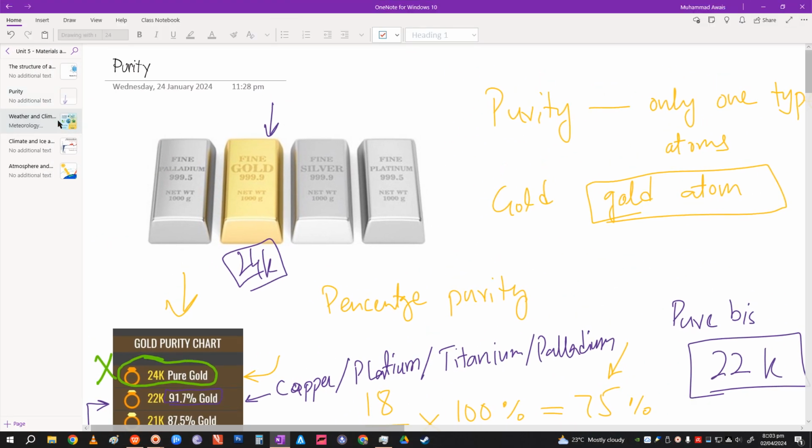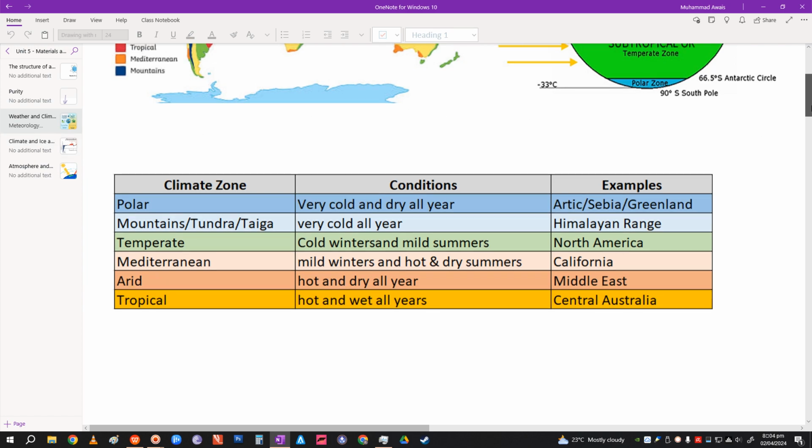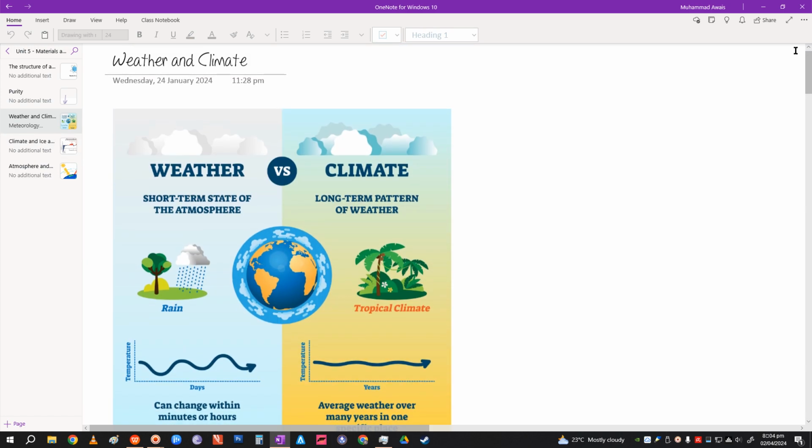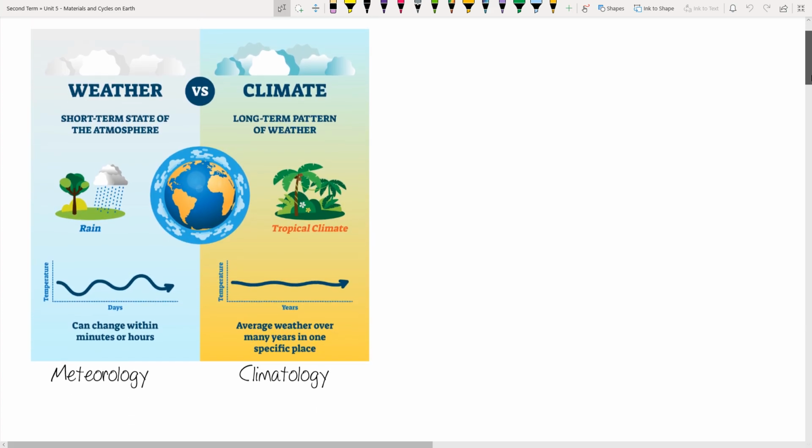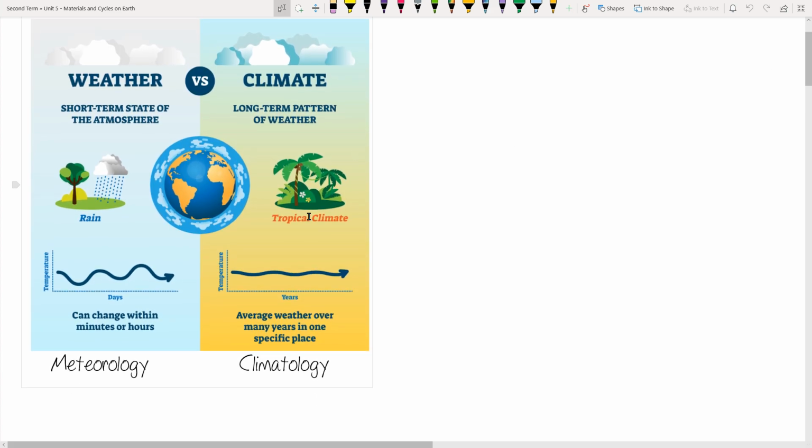Moving on to the third topic, which is climate change. I was talking about this today in class, that I'll be using this instead of the book content. Reason being, what is weather, right? I'm just going to make it a very simple summary: it is the short-term state of atmosphere.